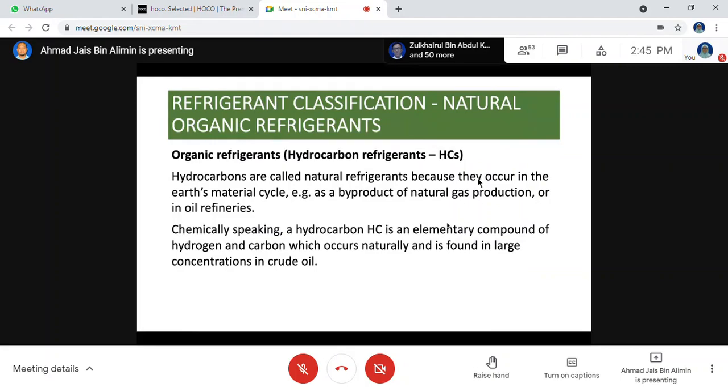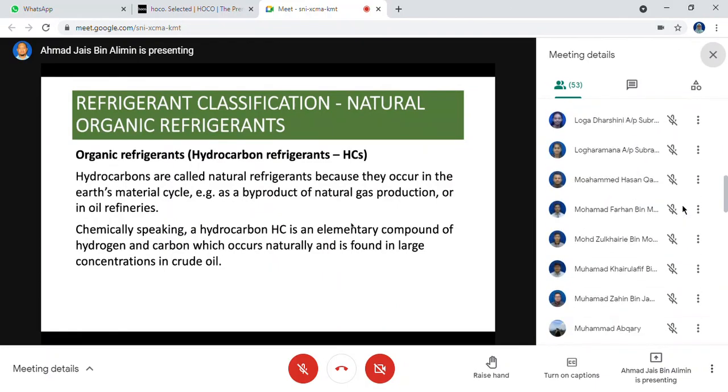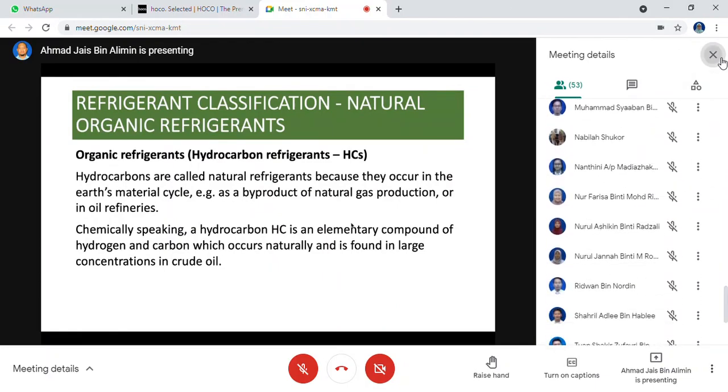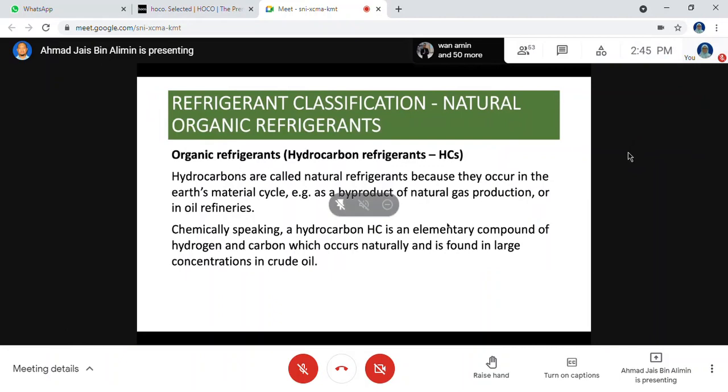Another classification for the refrigerant is what we call natural. Is it synthetic, buatan, or is it natural, asli? Can you actually outsource or obtain the refrigerants through natural means?